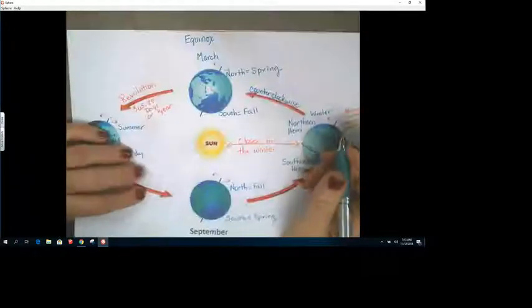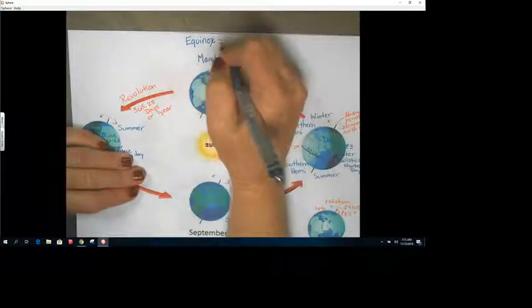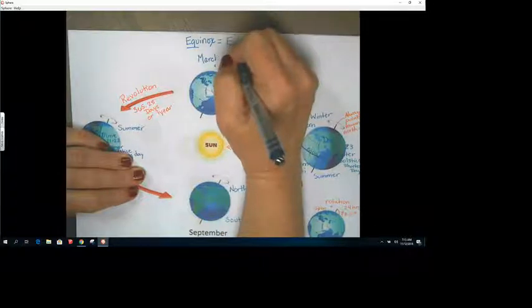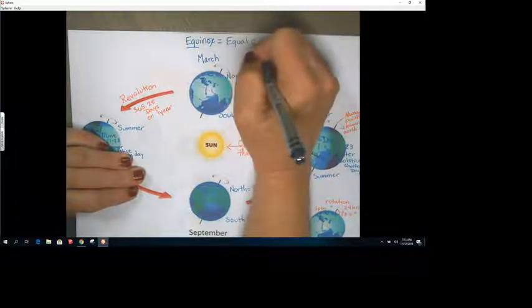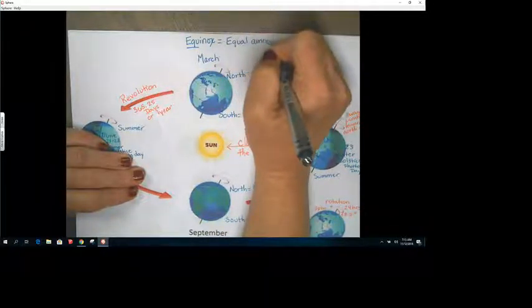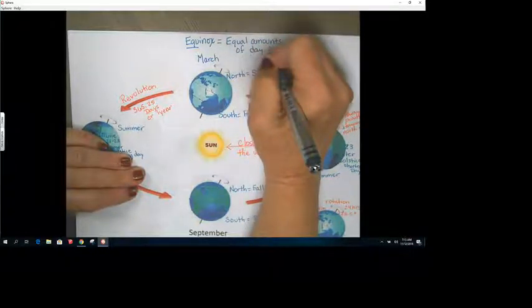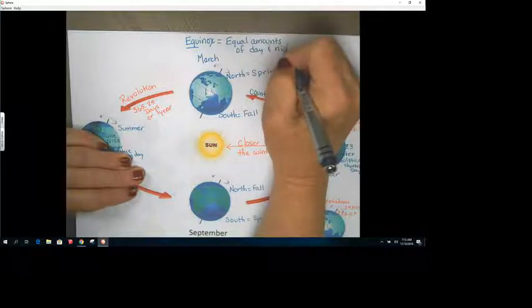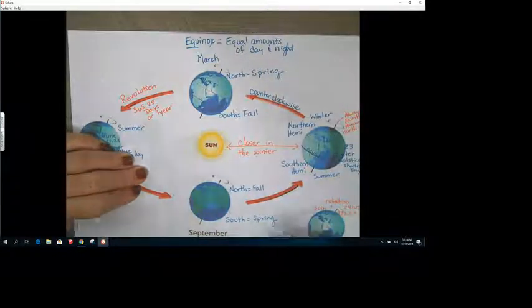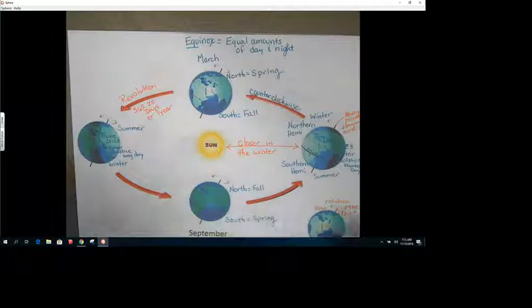And an equinox simply means equal amount of day and night. Okay? So we have those things that are occurring.